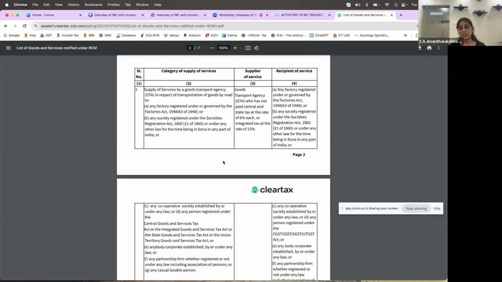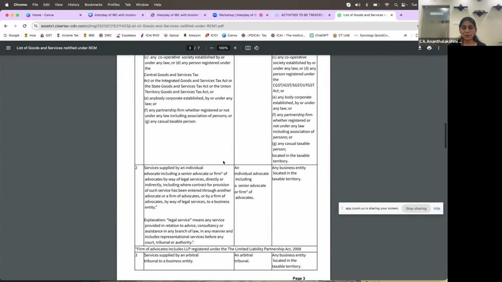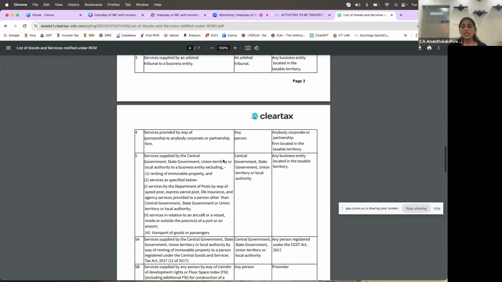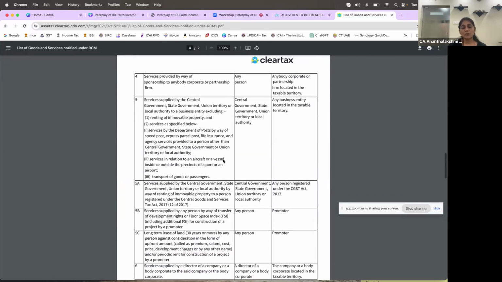So in principle, GTA is covered, security services is covered, renting of immovable property from the government is covered, and the fourth category is advocate. So these four categories often come up for the RP. I'll give the entire list, but you can see that these four ledgers are often used.